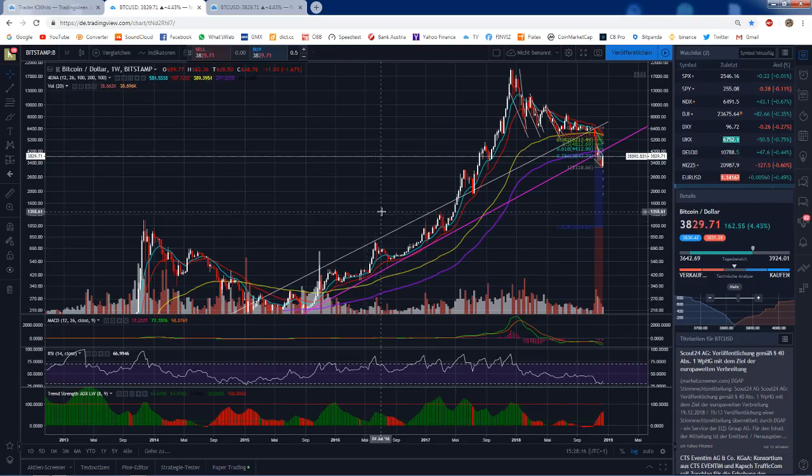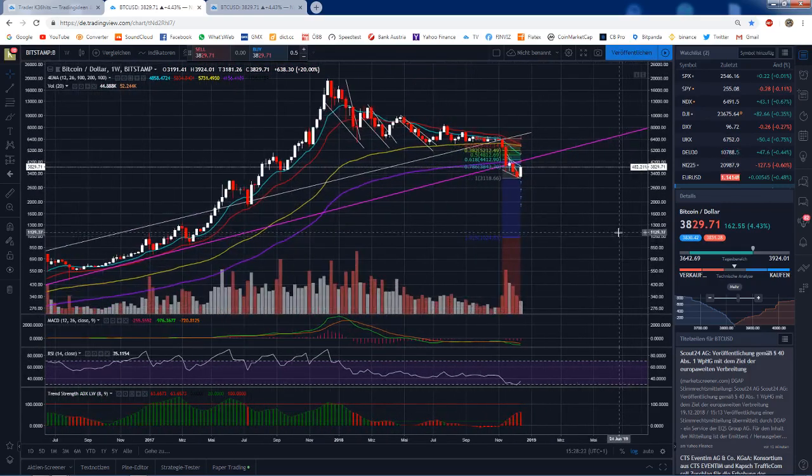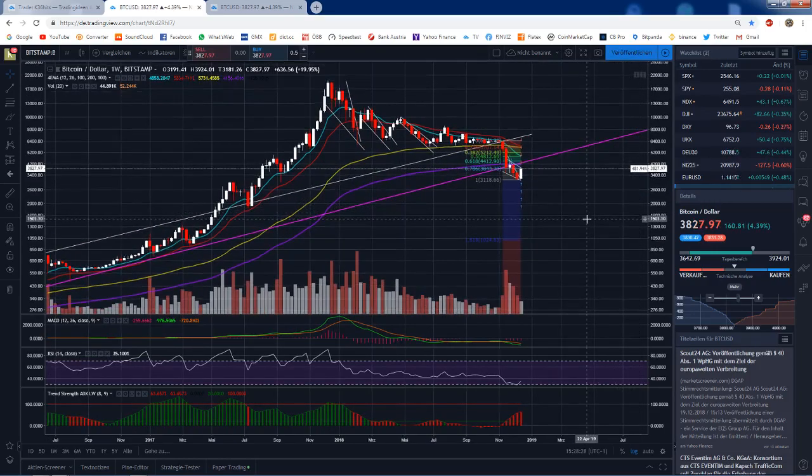Maybe find support right here, and then have a huge volume candle, a huge wick candle, and see maybe the bottom for Bitcoin for the future.